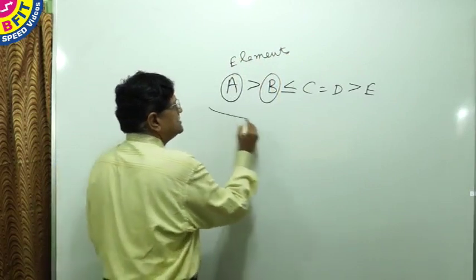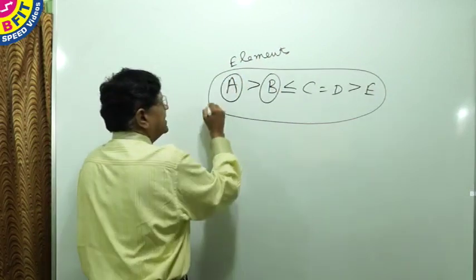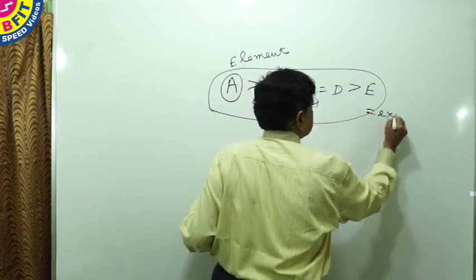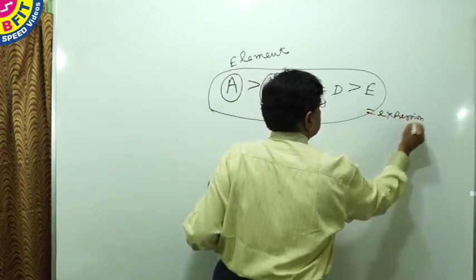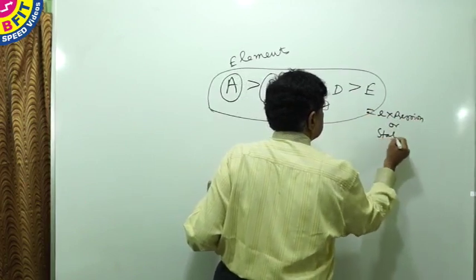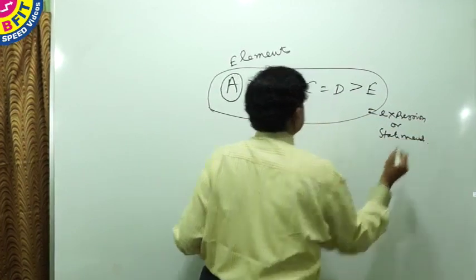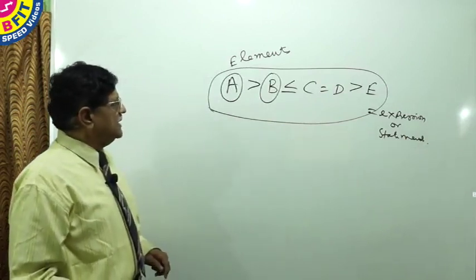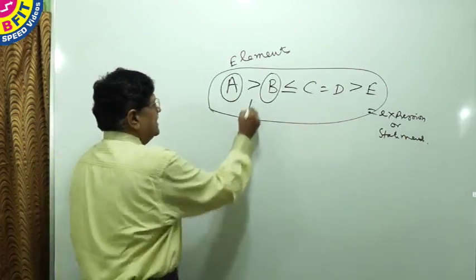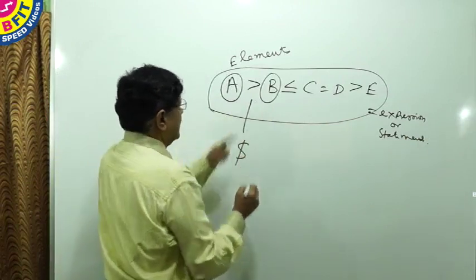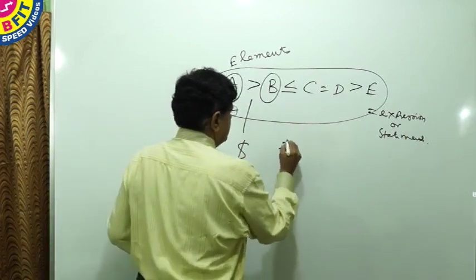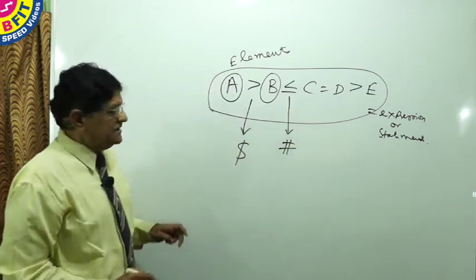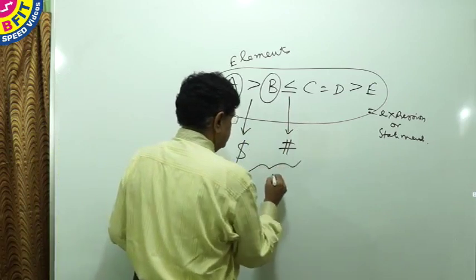The whole statement is called expression or statement. Then sometimes they say dollar is equal to greater than, hash is equal to less than. These are called codes.